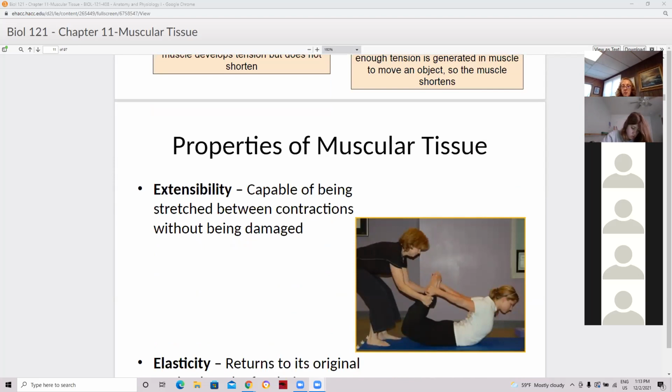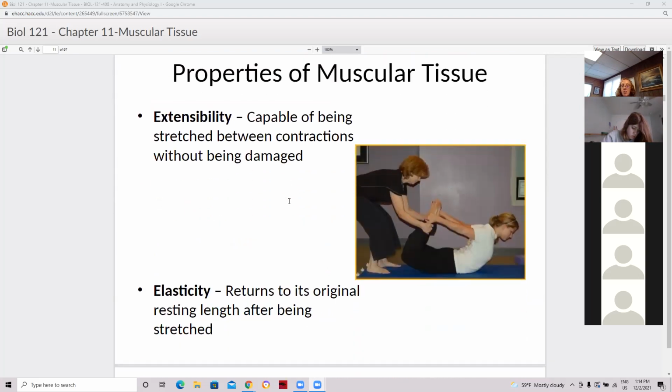Muscle is extensible. It's capable of being stretched between contractions without being damaged. It's elastic. It returns to its original resting length after being stretched.